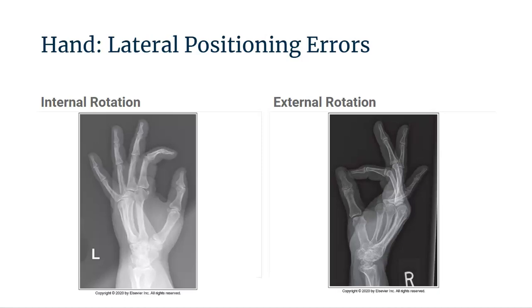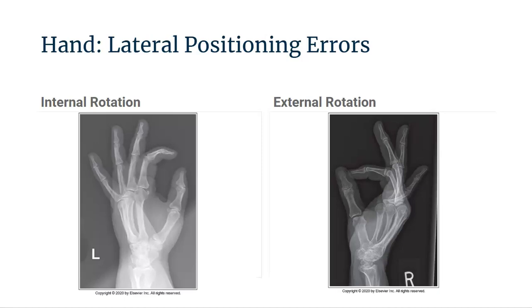The hand will be externally rotated when this occurs. Remember that the 5th metacarpal is the shortest of the 2nd through 5th metacarpals, making it more easily identifiable in this type of error.